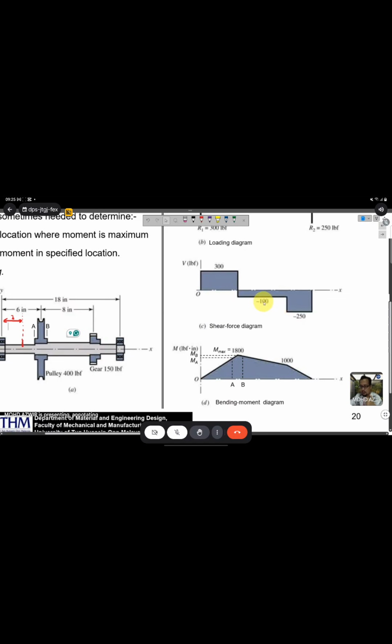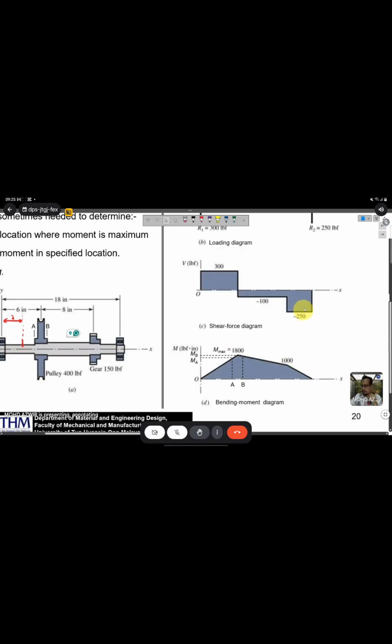Okay, so previously we have shear force about negative 100. So negative 100 times 8, it will reduce negative 800. Okay, so 1,800 minus 800, you will get 1,000 here.